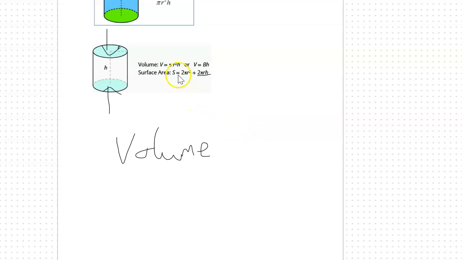It's 2 pi r h, which gives you the area around the outside, and then the two circles. Sorry about that, it's getting late.